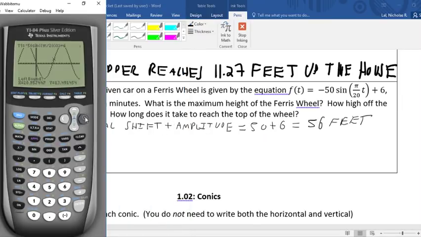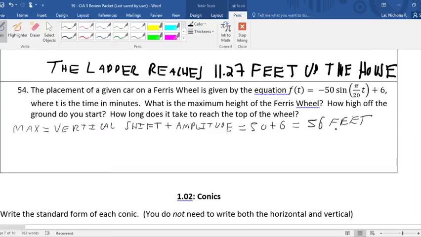Choose a left bound point of the maximum, choose a right bound point of the maximum, and do our best guess. And we have a maximum of x equals 30, y equals 56. So we do have a maximum of 56.